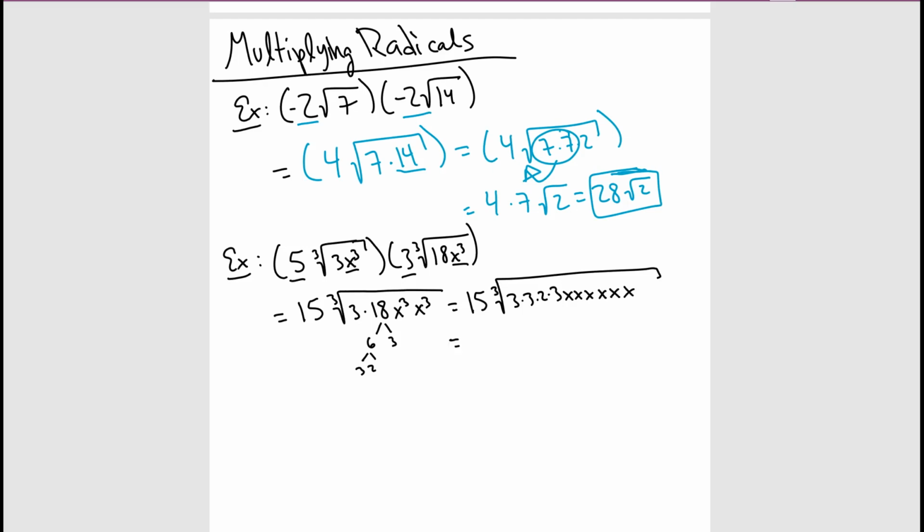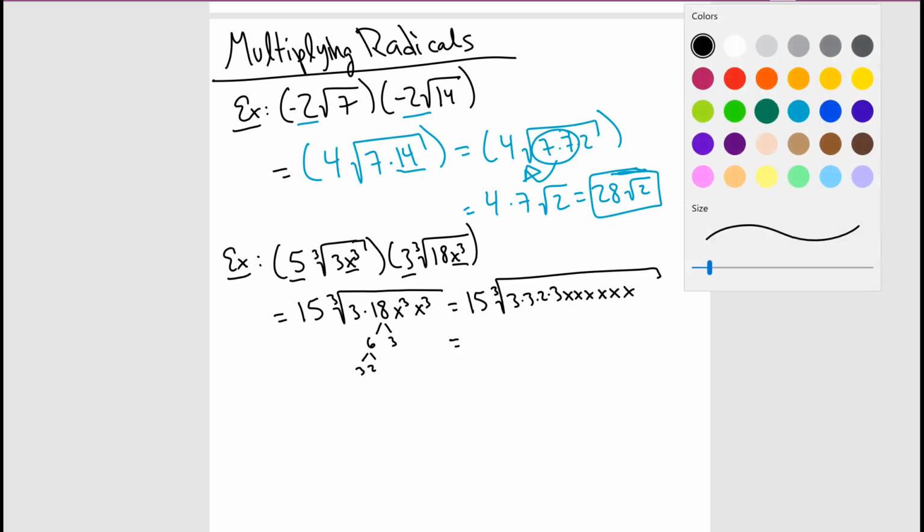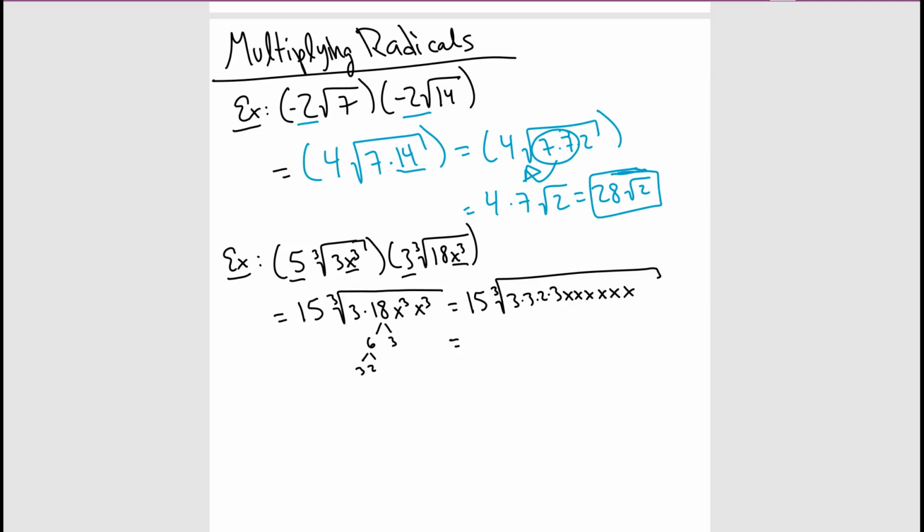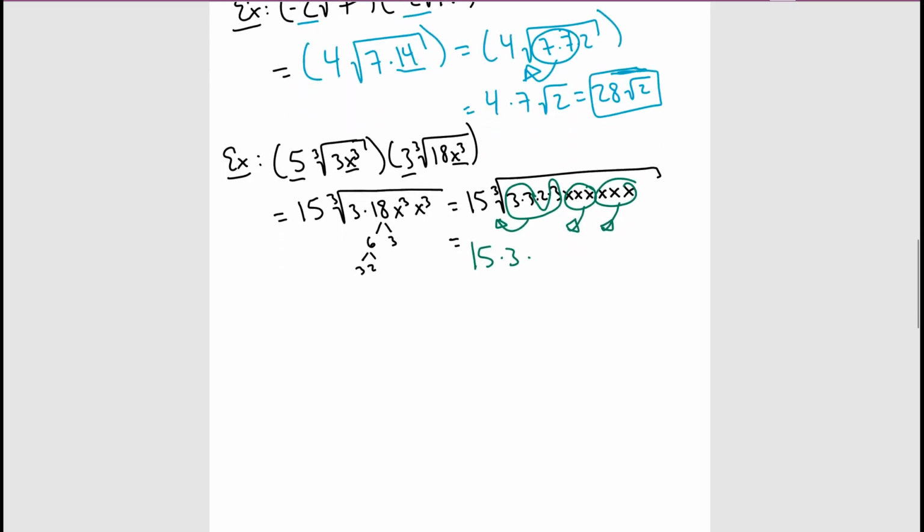So let's take things out. In this case, I'm looking for triplets. Here's a triplet of 3's, so I'm going to take that out. I have a triplet of x's, I'm going to take that out. I'm going to take another triplet of x's out. So I'm left with a 15, a triplet of 3's, a triplet of x's, and another triplet of x's.